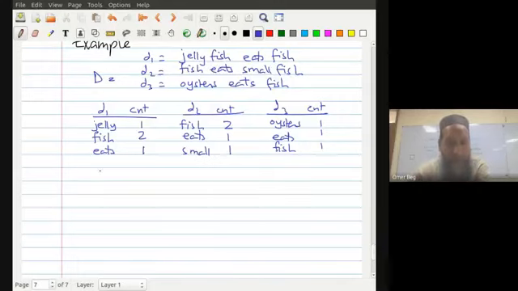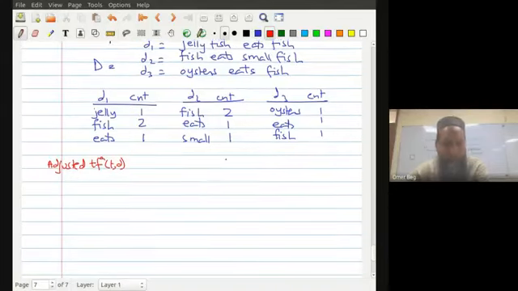See? So let's say we are using adjusted TF for term and document, and we can make a matrix of these things. But let's say I just want to figure out TF for the word fish in document 1.